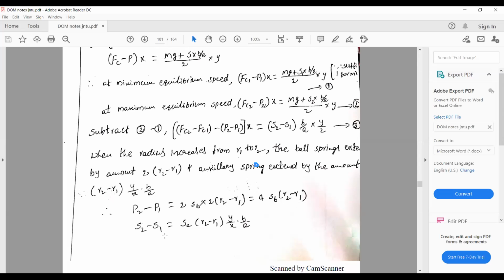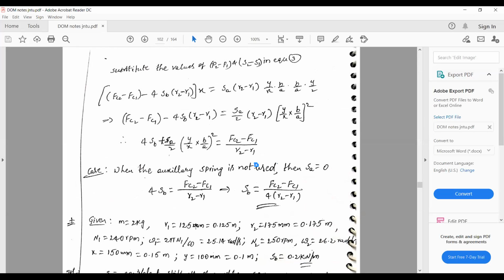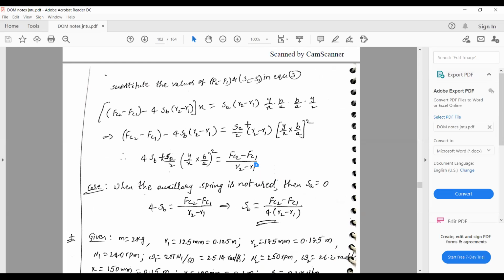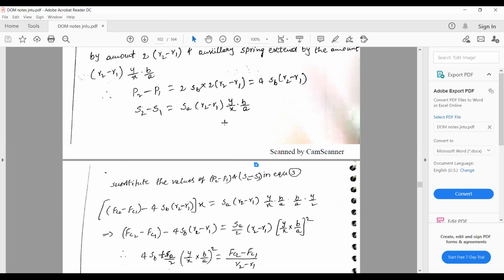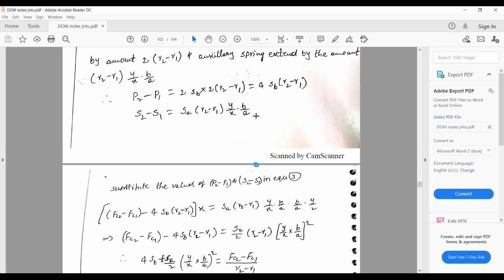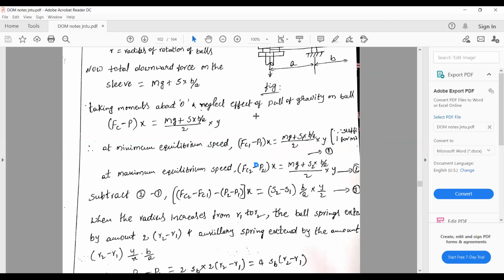And similarly S2 minus S1 equals SA into R2 minus R1 into Y by X into B by A.